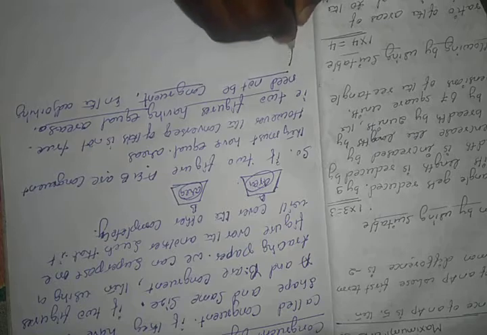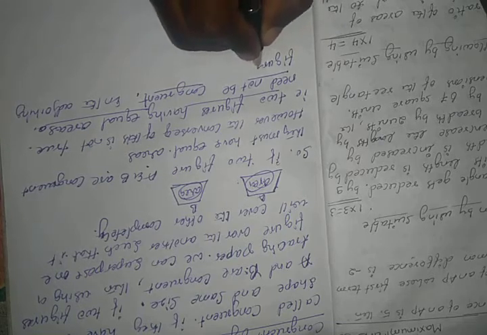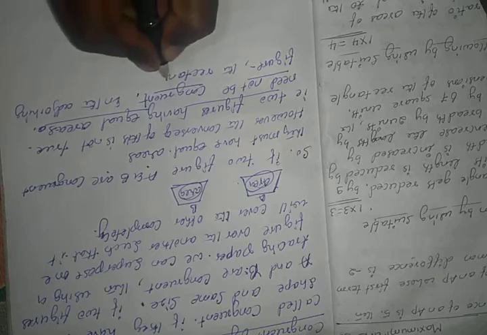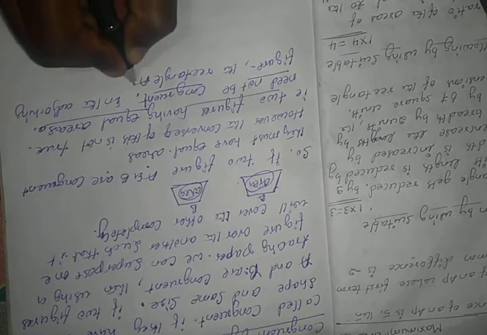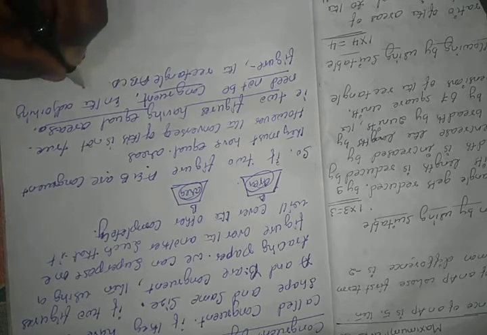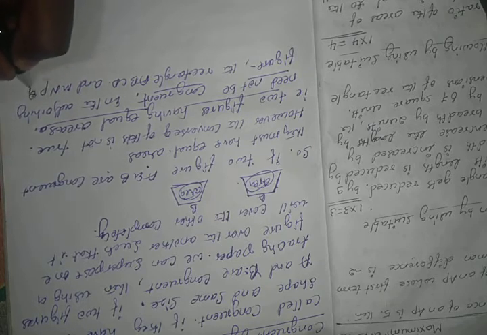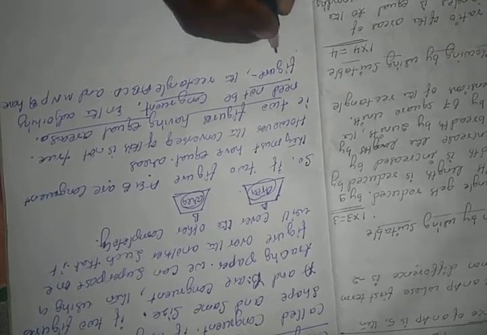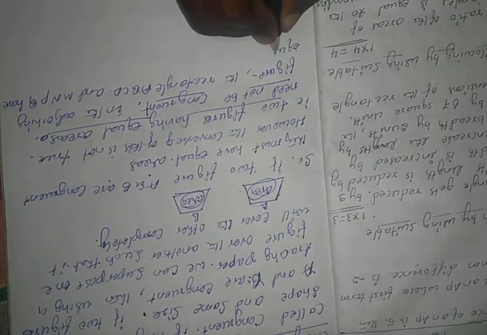In the adjoining figure, the rectangle ABCD and MNPQ have equal areas.